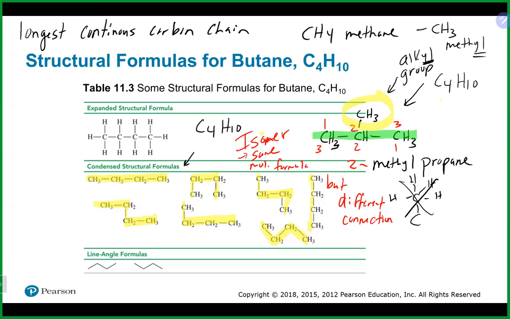So both of these things, the 2-methyl propane and the butane, have exactly the same formula, exactly the same number of elements, but the way they're connected is different. And because of that, 2-methyl propane has different properties than butane, and it also has different names.